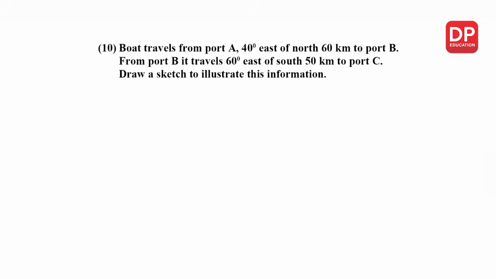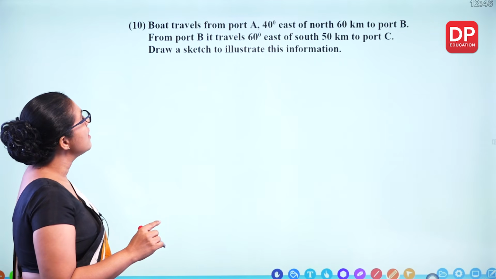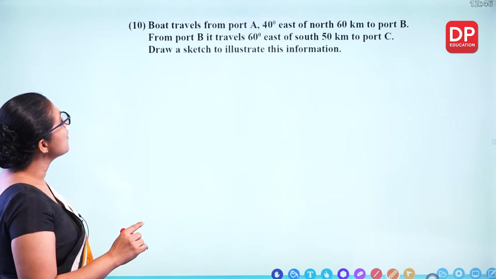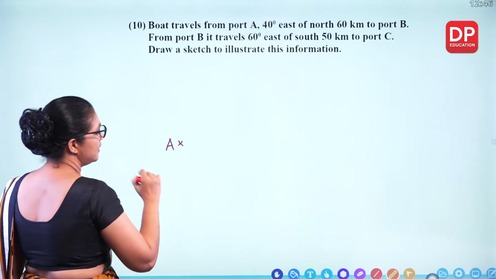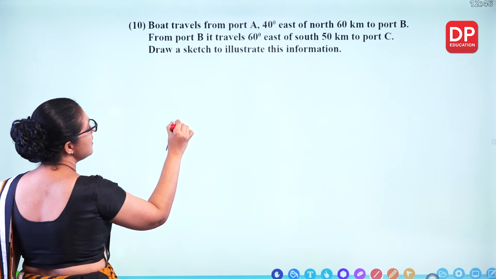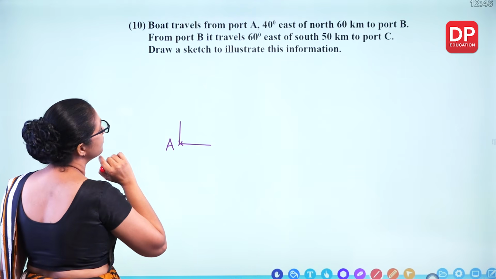A boat travels from port A 40 degrees east of north, 60 kilometers to port B. From port B, it travels 60 degrees east of south, 50 kilometers to port C. Draw a sketch to illustrate this information. So we'll start from port A. If port A is here, we need to first draw the main directions, north and east.